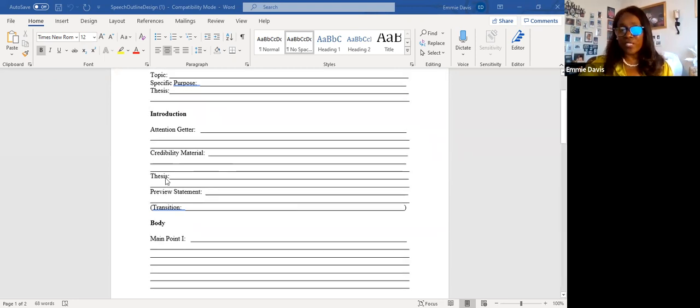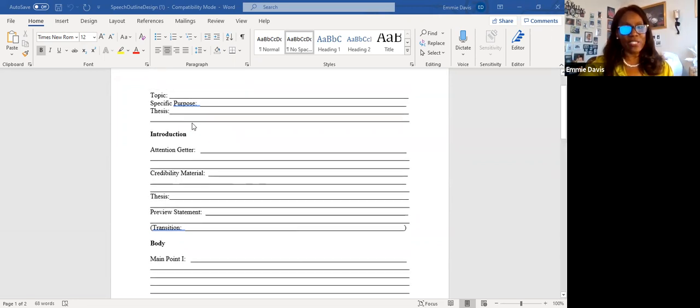Then you get to your thesis, and this thesis is different from the thesis up here. This one, because we're doing a speech, is the announcement thesis of what you're going to talk about. And it's as simple as this. Today, I will talk to you about Alzheimer's disease, or whatever your topic is. That's it.